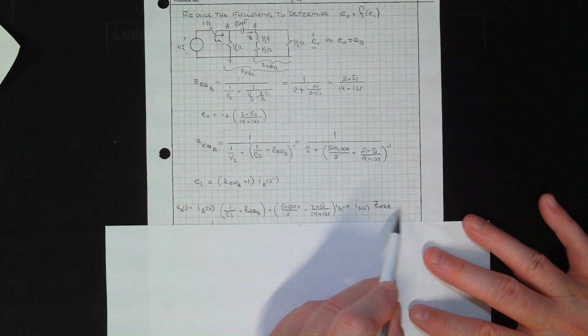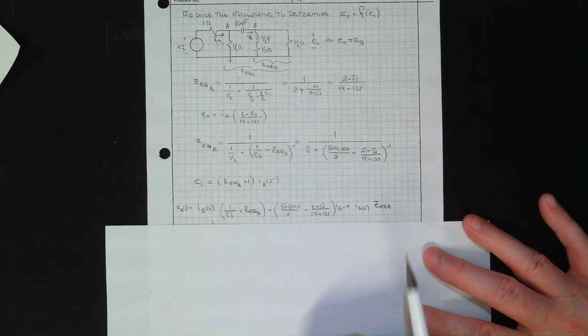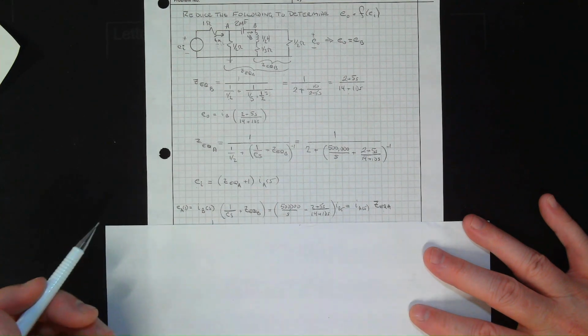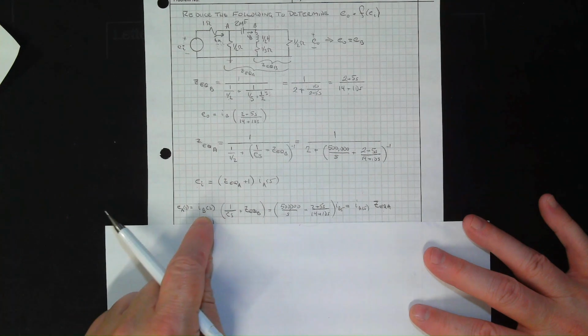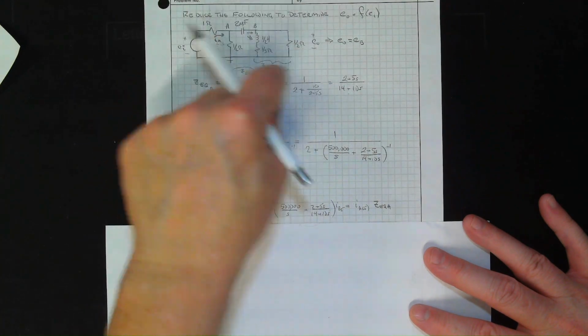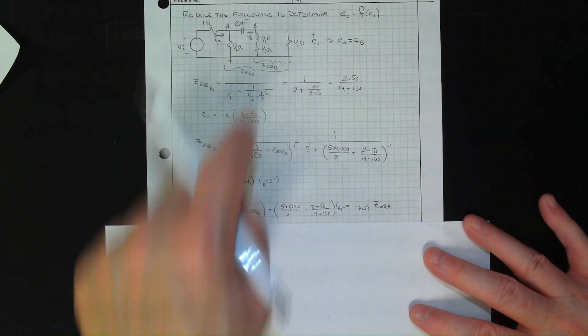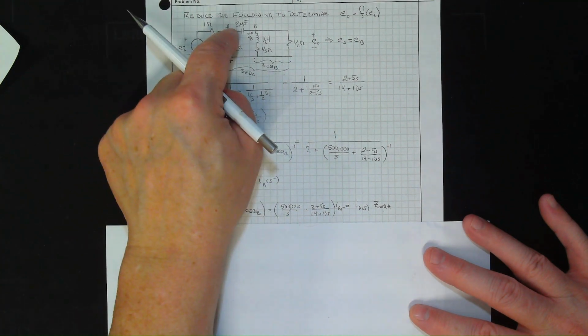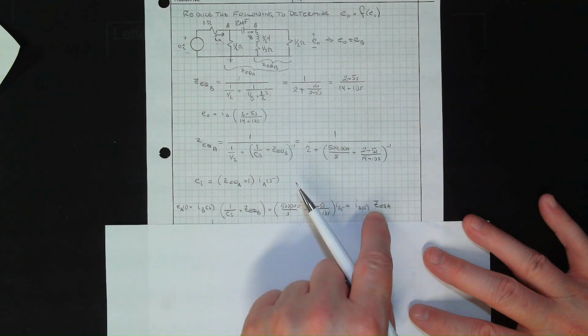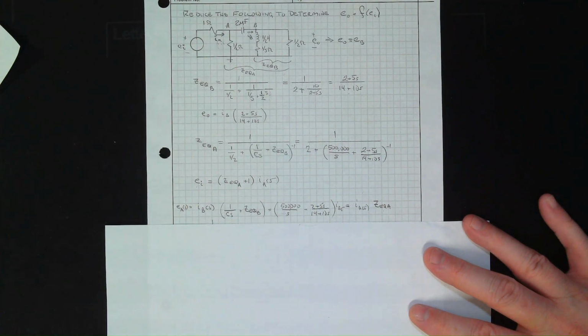This is also EA. And I should write, there it is, ZEQB. So IB, current, times all of this plus all of that equals IA times all of this impedance. So those voltages are the same.